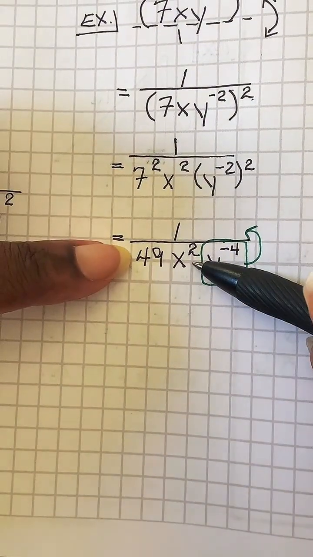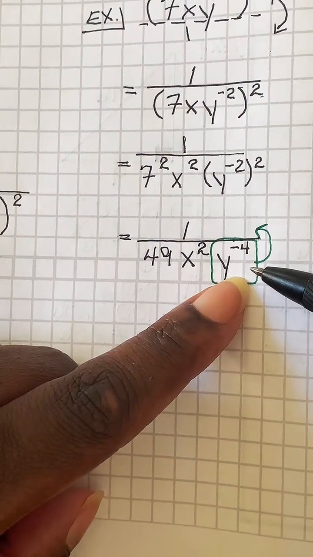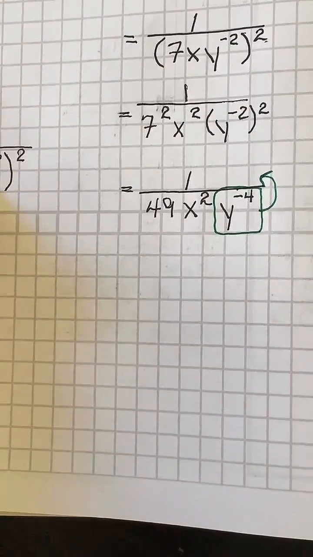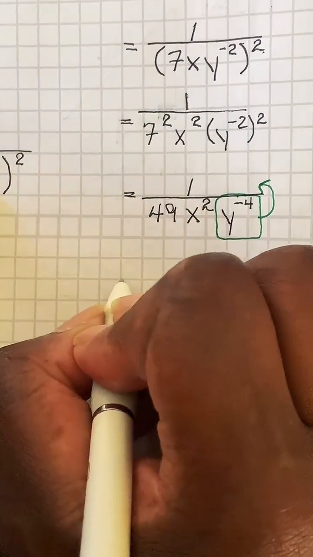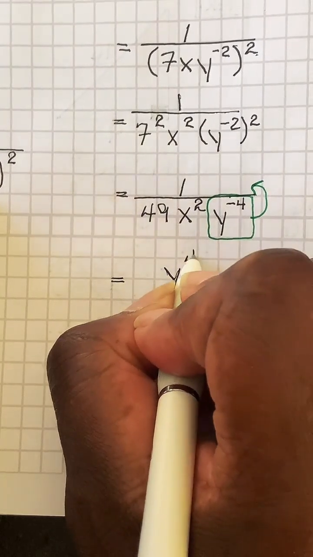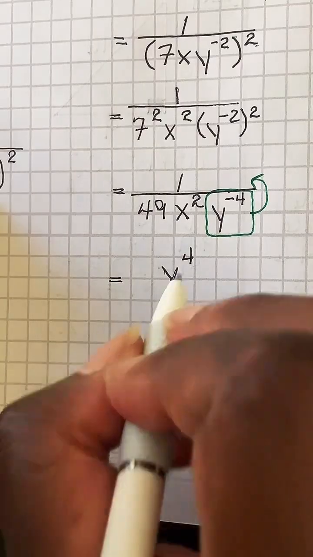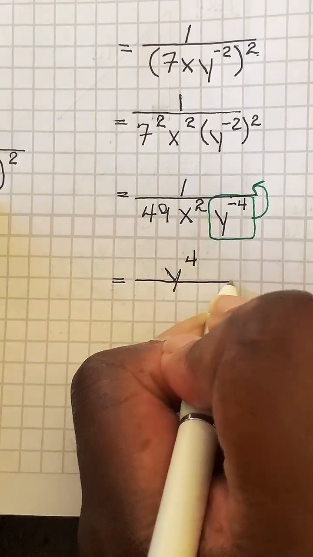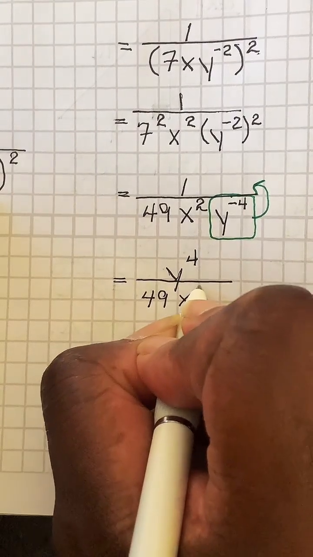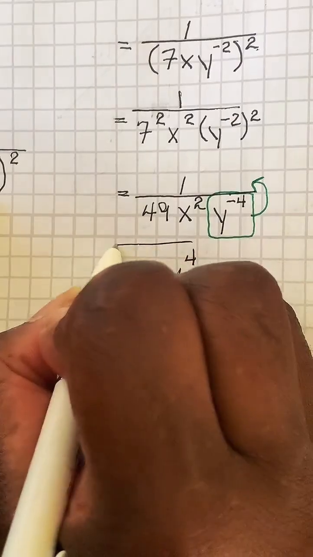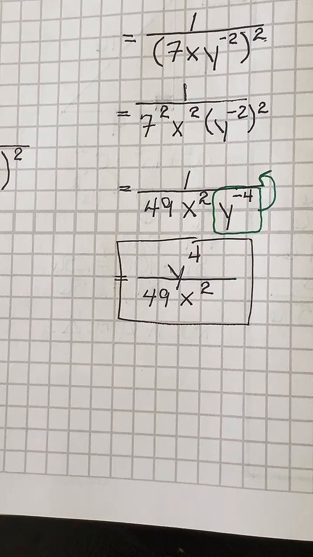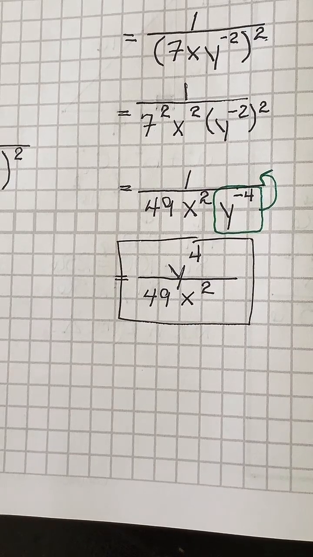Not the whole entire base, just what's being raised by a negative exponent. So your official answer is going to be, you have your 1y to the positive fourth power, or just y to the fourth power, over my 49x squared.